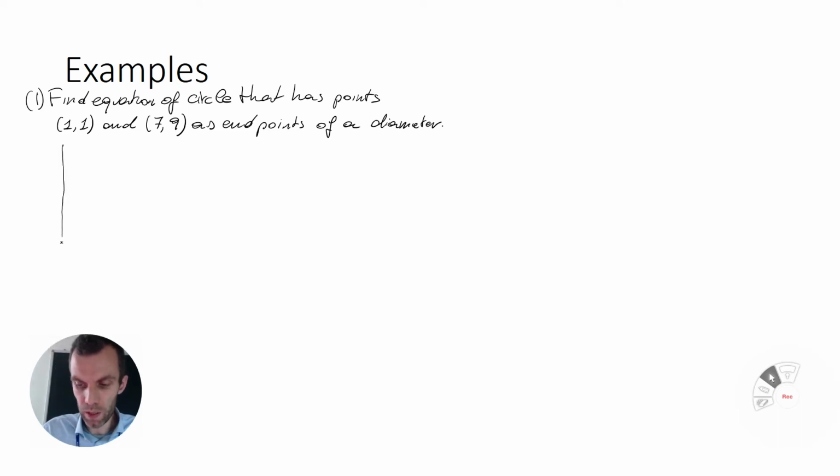So if we make a drawing, then if this is the point, let's call it P with coordinates 1, 1, and this here is the point Q with coordinates 7, 9, then we want this line segment to be a diameter of the circle.